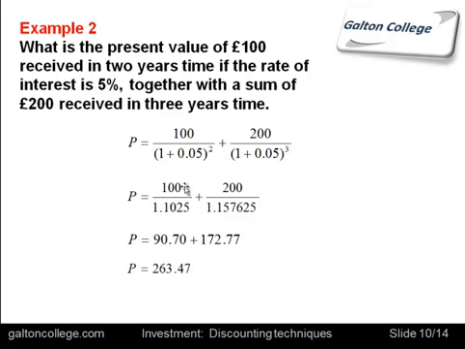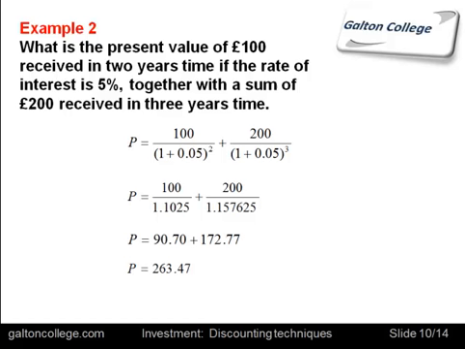If you evaluate that, you have to multiply it out using a calculator or a spreadsheet or whatever. If you multiply it out, you get £263.47. So this stream here is equal to £263.47.